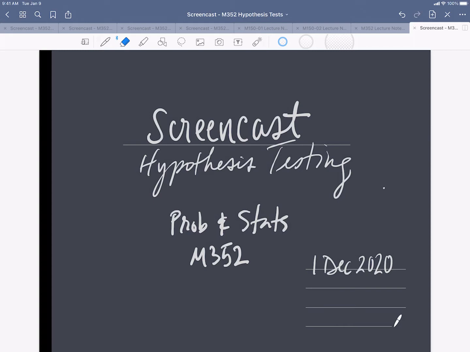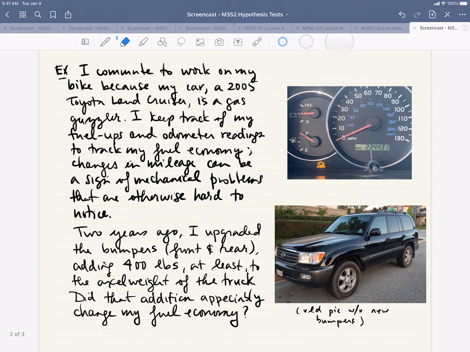I'm going to show you how hypothesis testing works with an example. I commute to work on my bike, pre-COVID anyway, because my car is a 2005 Toyota Land Cruiser, and it has very bad gas mileage.